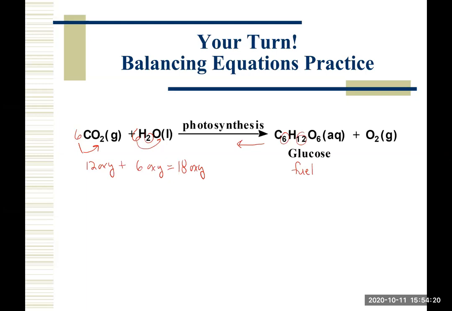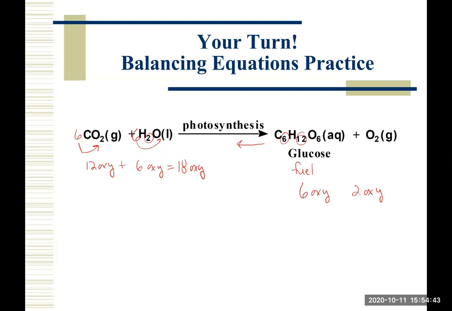Looking at the products, we have 6 oxygens in glucose, and we have 2 oxygens in O2. So that's only a total of 8. So we need to increase the number of oxygens that we have on the product side.